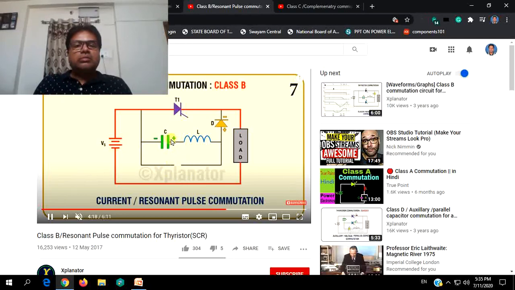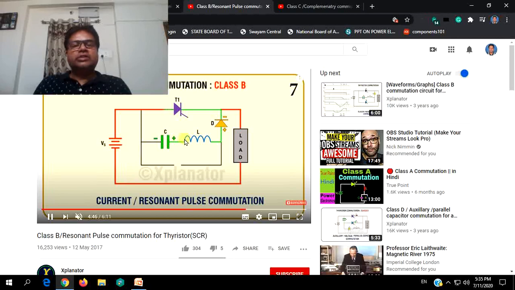Now the capacitor tries to discharge in the other path which is available. Again, there are two paths, load and SCR. When compared, the load will have more resistance than this direction. So now the capacitor starts to discharge from this positive terminal through the inductance and forward biased diode into the cathode of the main SCR and back to the negative terminal.